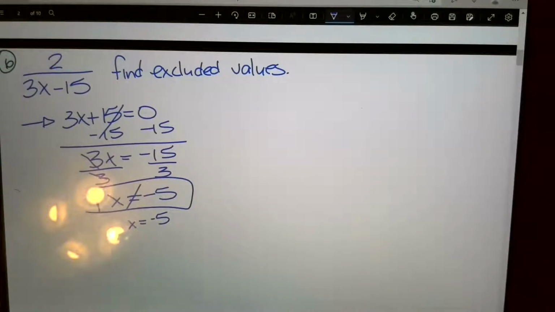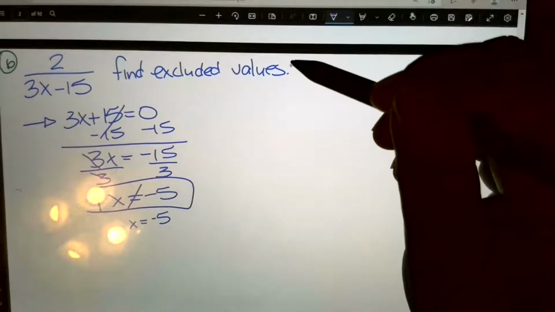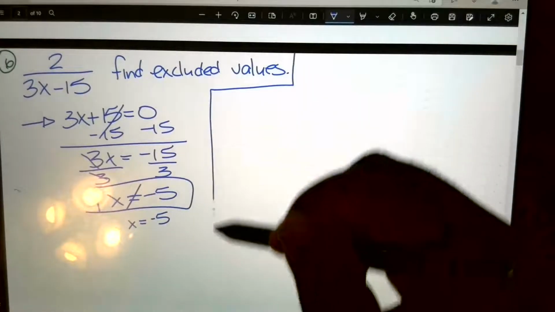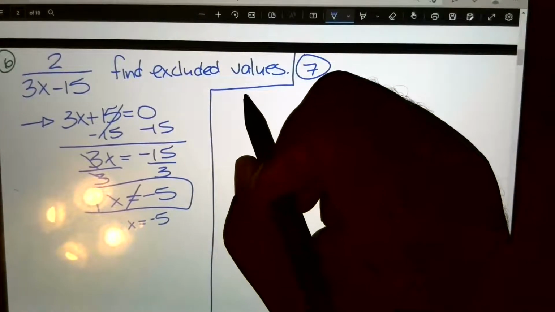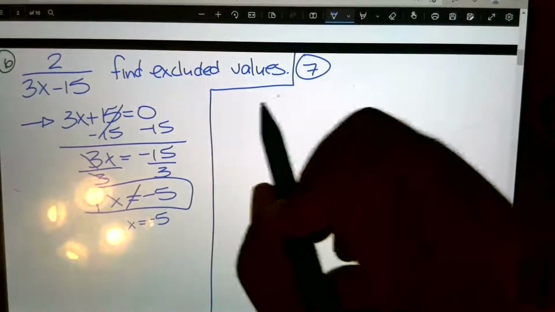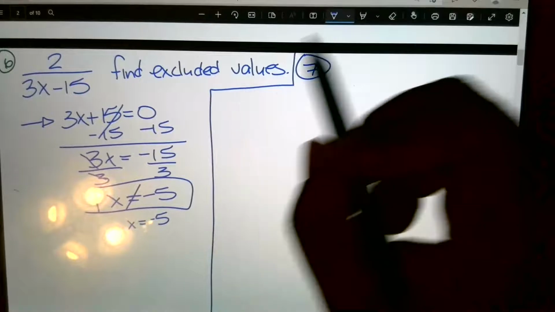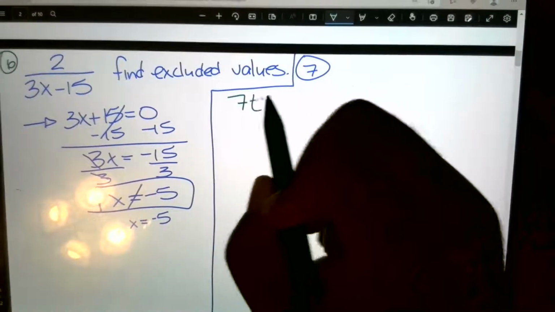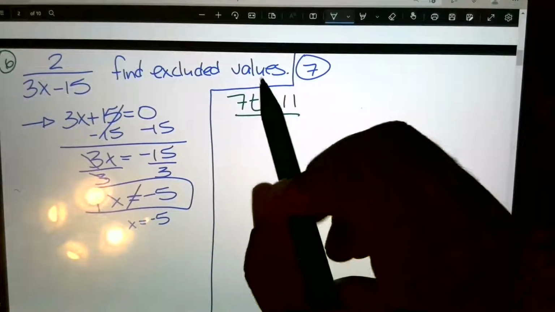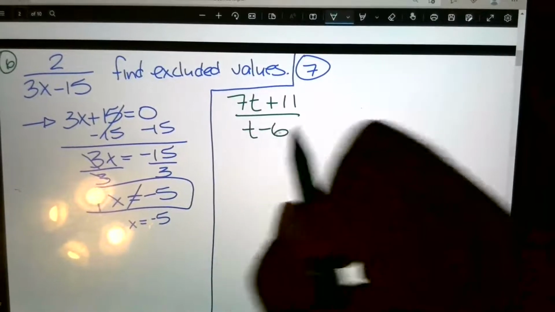Again, we have an excluded values question. We have 7t plus 11 over t minus 6.